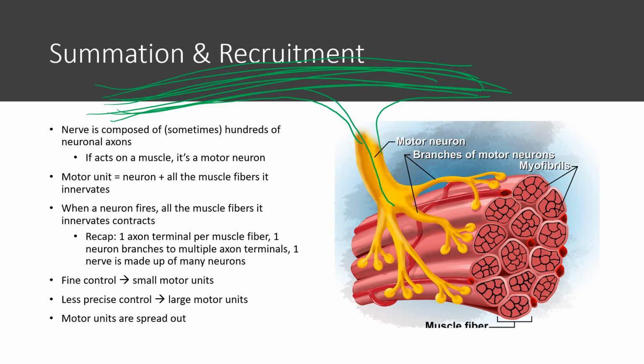One of these motor neurons will branch off and interact with something else. If it interacts with a muscle, it's a motor neuron. Okay? So you have these branchings of the motor neurons, and then you have axon terminals at the end here.